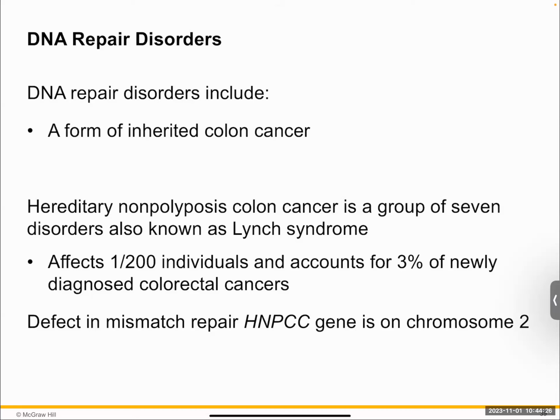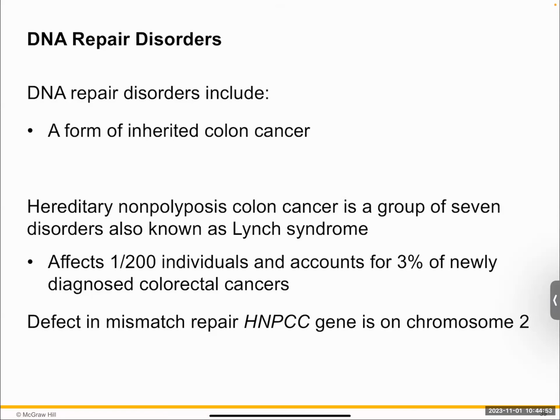DNA repair disorders, again, are cells that are basically unable to fix the mistakes of mutations, and they include a specific type of colon cancer called hereditary non-polyposis colon cancer. This is also known as Lynch syndrome. It accounts for 1 out of every 200 colon cancers that are observed, and if you don't know, colon cancer is relatively common and accounts for about 3% of it.